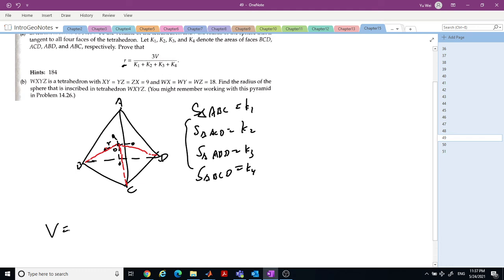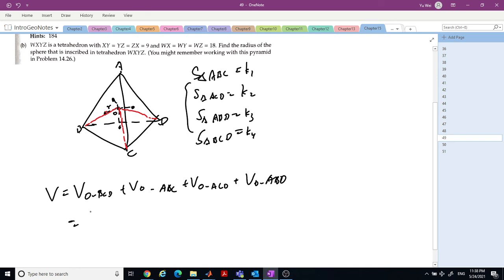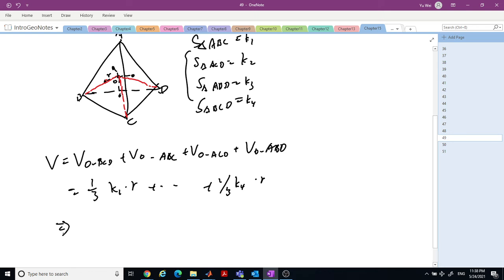Our total volume will be the volume of O-BCD plus O-ABC plus O-ACD plus O-ABD, right? So this one is 1/3 of the area K1 times R, and the similar thing, plus 1/3 of K4 times R. So that's why you can see 3V over K1 plus K2 plus K3 plus K4 is equal to R. Okay.